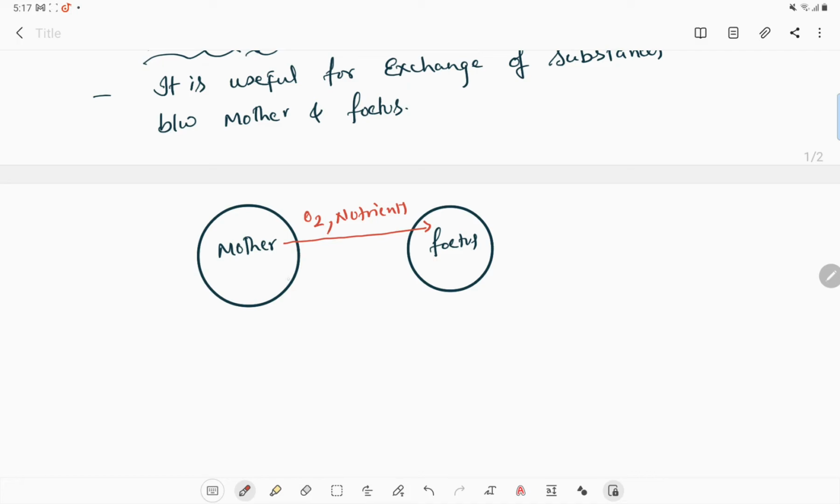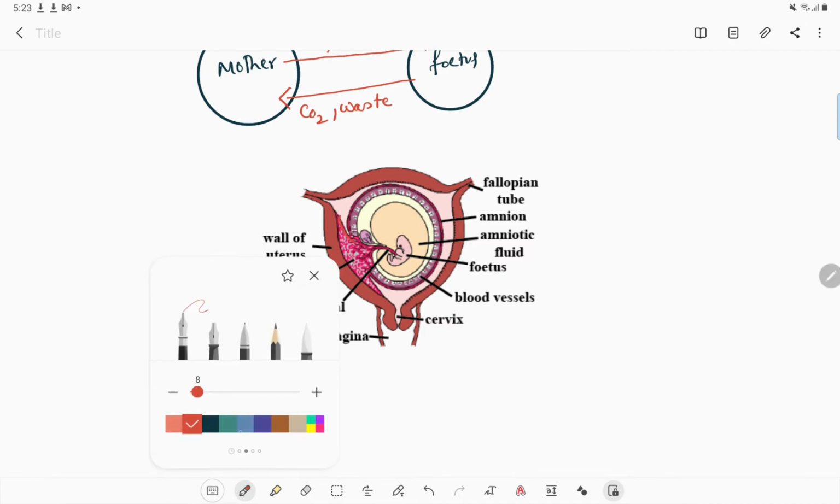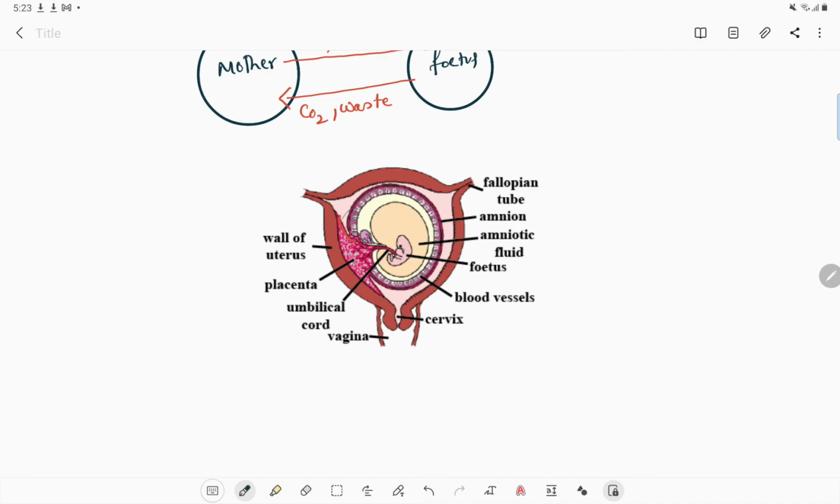At the same time, it collects carbon dioxide and waste materials from the fetus and supplies them to the mother. We can see the placenta diagram here. This part is the placenta.